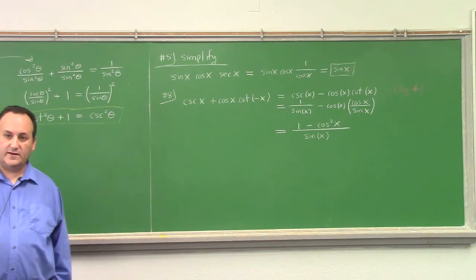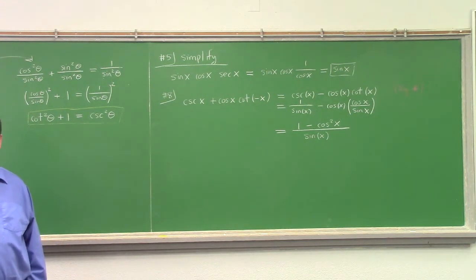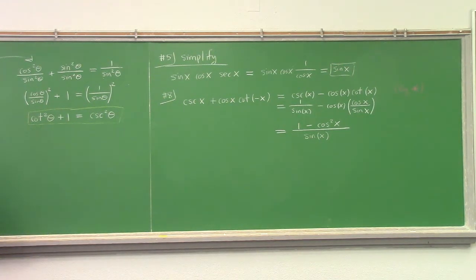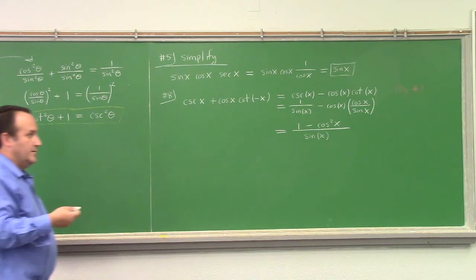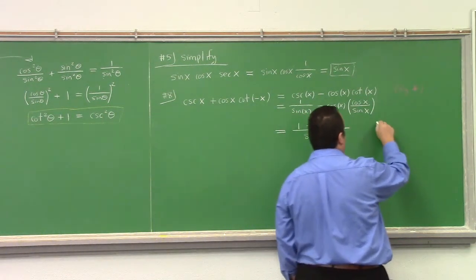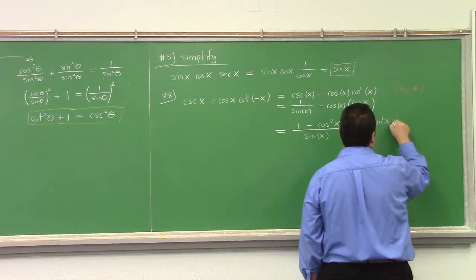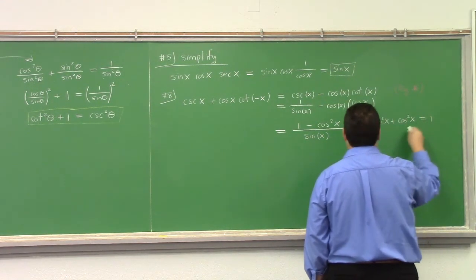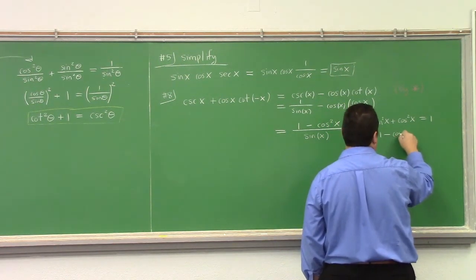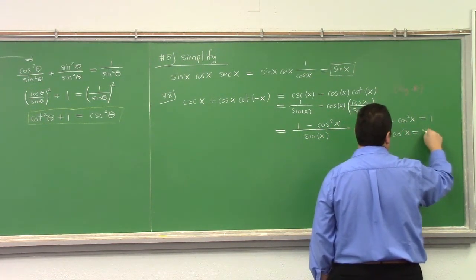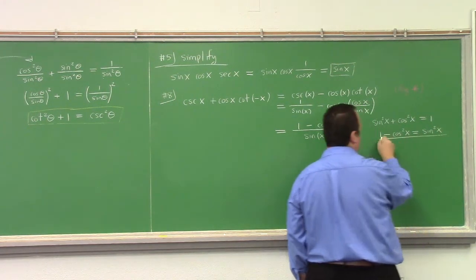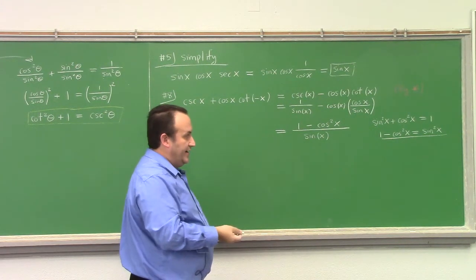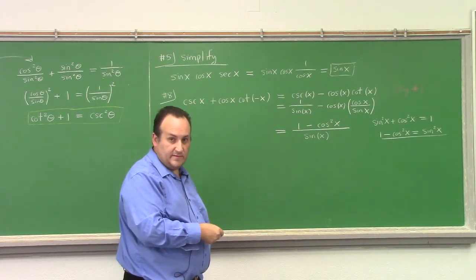But remember our fundamental identity: sine squared plus cosine squared is 1, right? That says that 1 minus cosine squared x is what? It is sine squared x. So we can trade 1 minus cosine squared x for sine squared.